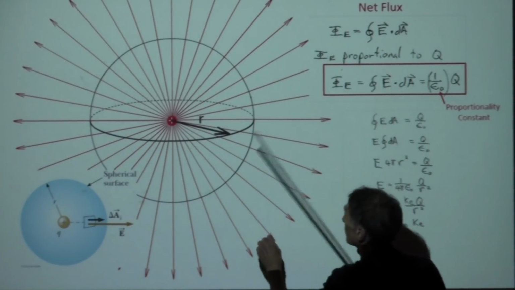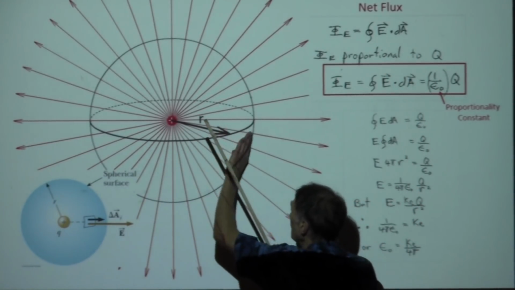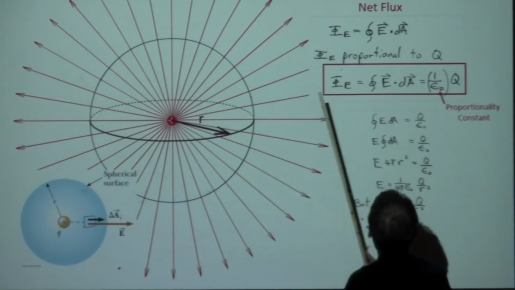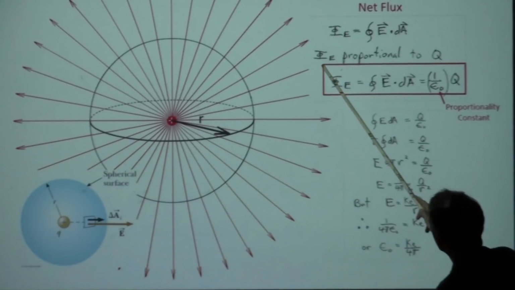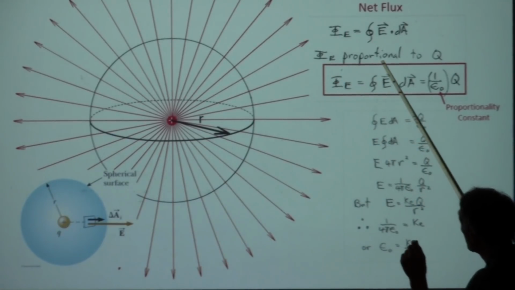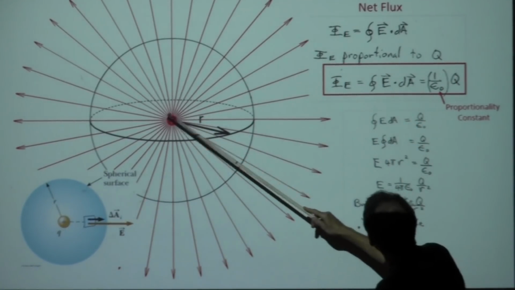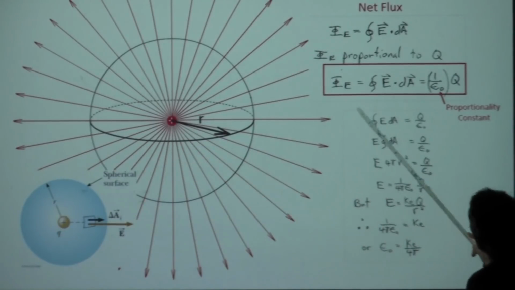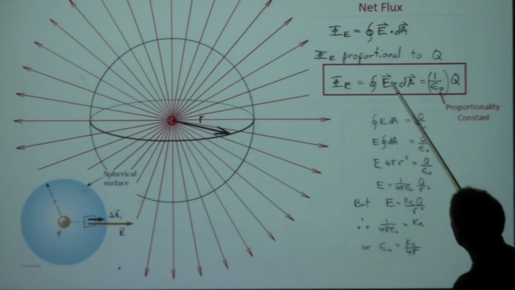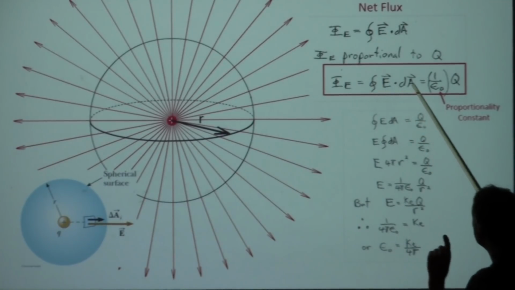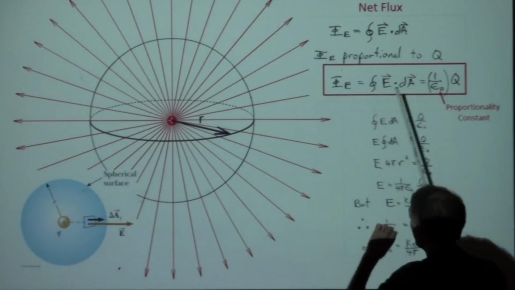Now the electric field is going to be right at the surface of that sphere. When we integrate that E, that flux should be proportional to the charge I have inside. And to get that flux, we integrate E dot dA over all of those little surfaces.